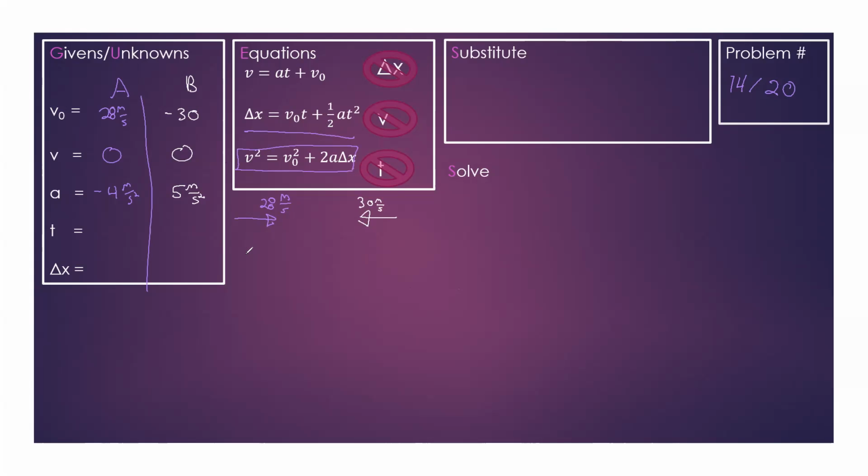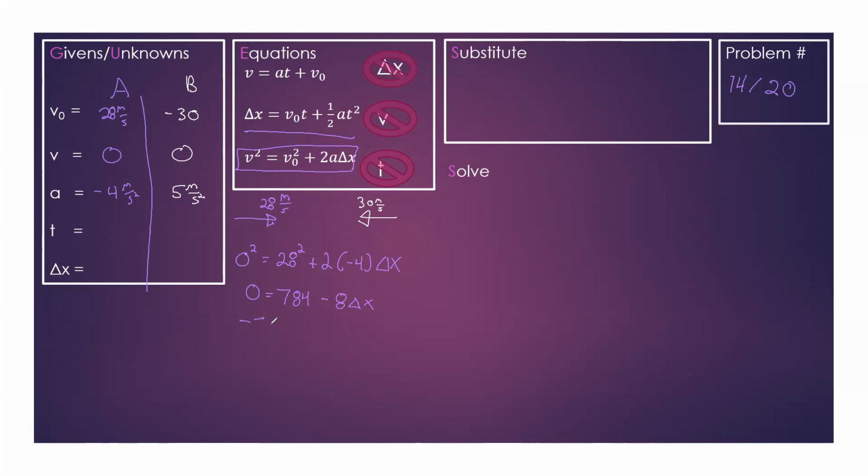So I'm going to set up 0 squared equals 28 squared plus 2 times a times delta x. And I'm going to solve for the distance this train takes to stop. So that's going to be 0 equals 28 squared, which is 784, minus 8 delta x.